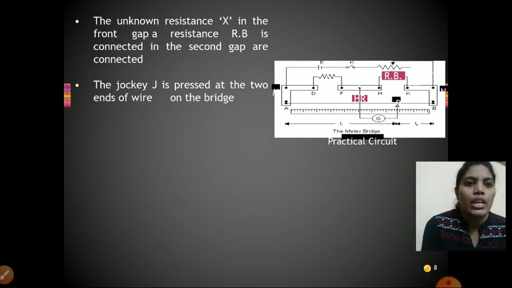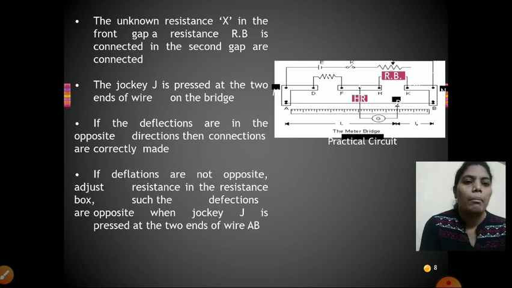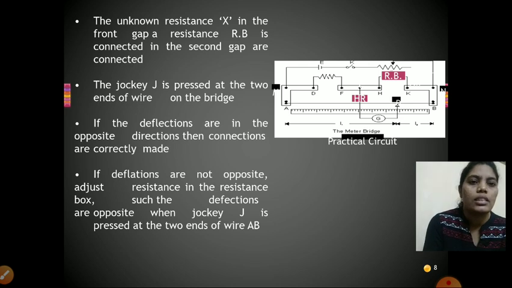Now the jockey J is pressed at the two ends of the wire on the bridge. If the deflections are in opposite directions, then the connections are correctly made. If deflections are not opposite, adjust the resistance in the resistance box such that deflections are opposite when the jockey J is pressed at the two ends of the wire.